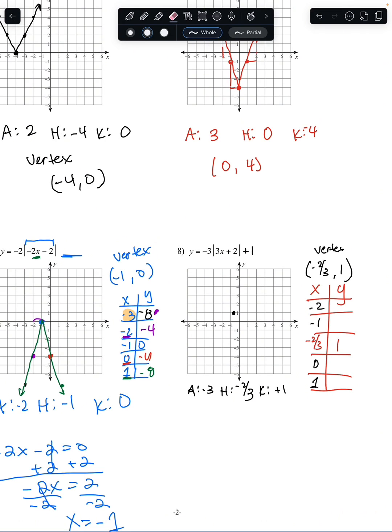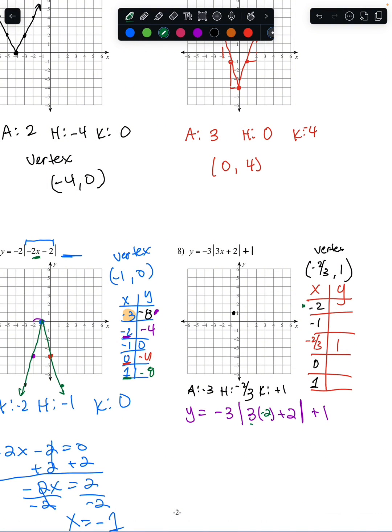Okay, let's go ahead and plug these in, see what we get. But we got one extra step on this one than we did on the last one. All right, so what I'm going to do is I'm going to write this down. Y equals, excuse me again, -3 times the absolute value of 3x plus 2, and then we're going to add 1 at the end. So we're going to plug in this -2 first, because we're doing this one now.